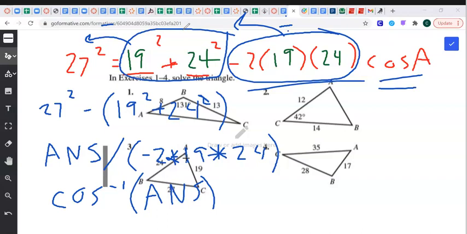So number 1's even easier than number 3, because in number 1 I'm just going to add everything up on the right side of the equal sign, take a square root, and I'm done. So number 1 should be much easier to do than number 3. But once you know the 3 steps on the number 3 version, it's not too bad.